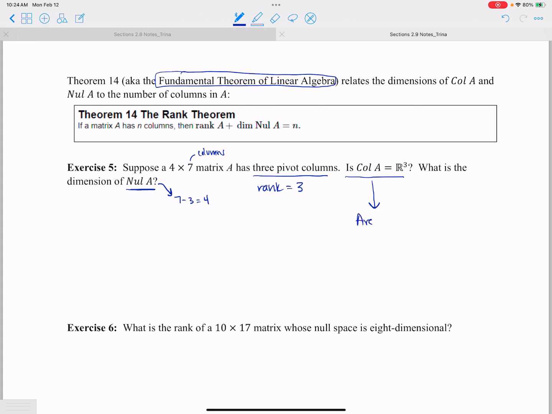Because I have a 4 by 7 matrix, I see that my column length is 4, so the columns live in R4. So this is no. I cannot equal R3 if I'm not in R3. So my column space is a 3-dimensional space in R4.